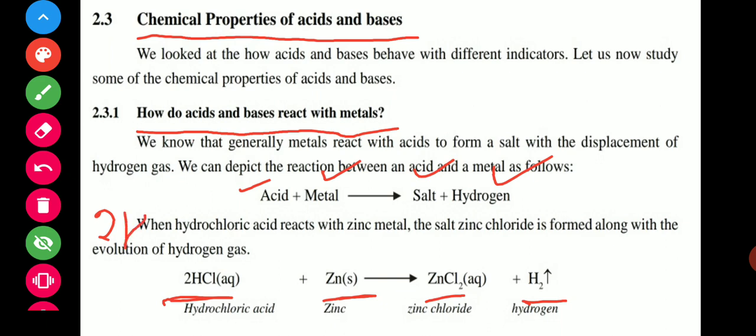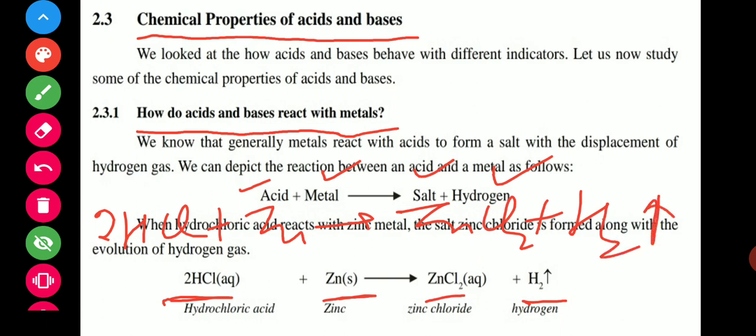It looks like hydrochloric acid plus zinc gives zinc chloride, ZnCl2, and hydrogen gas. You can see here, metals give hydrogen gas with acids.